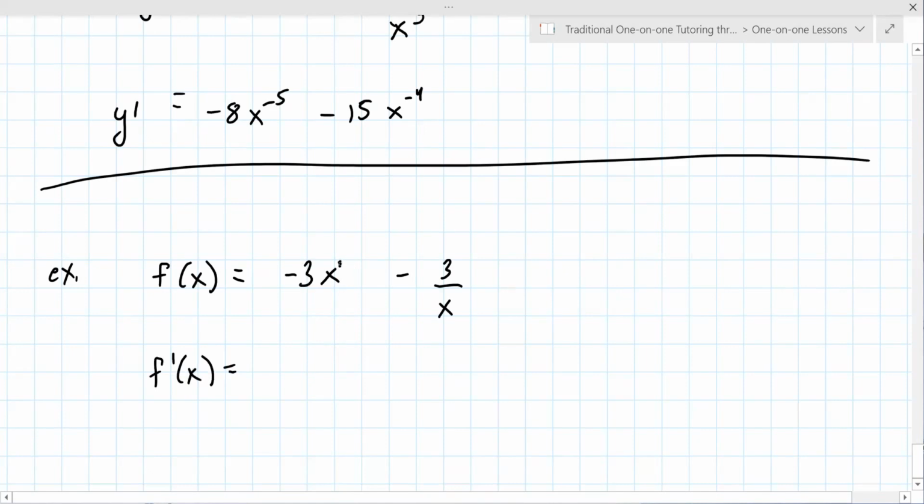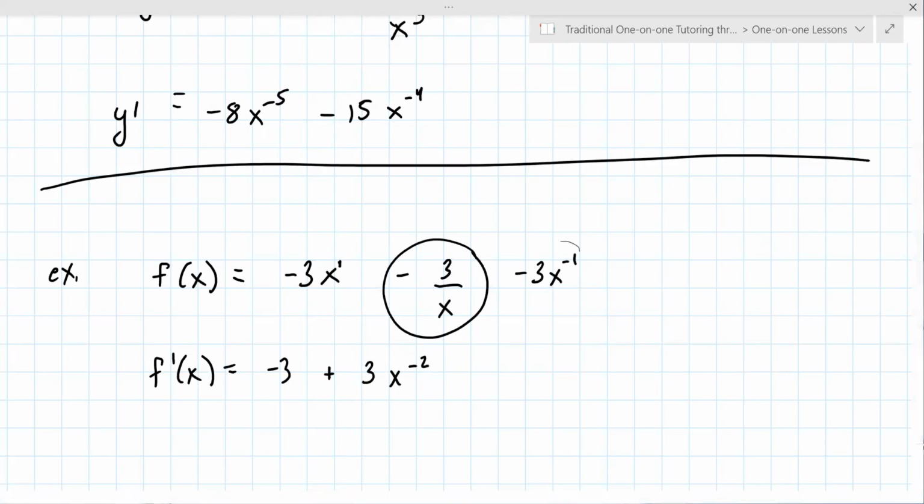Remember that's to the power of 1, just the negative 3, right? And this right here, you write as minus 3x to the minus 1 power. So when you take the derivative, plus 3, but you subtract 1, x to the minus 2. Like you said, perfect.